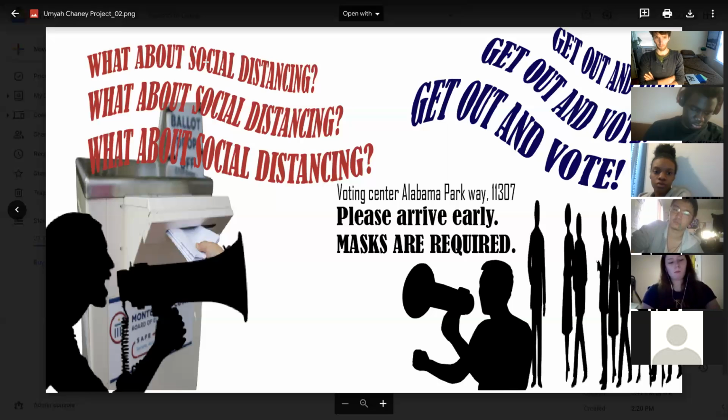However, then we have a voting box on the left, which is contradicting what about social distancing. I guess what I'm getting at is the left and the right sides don't seem to pull together.